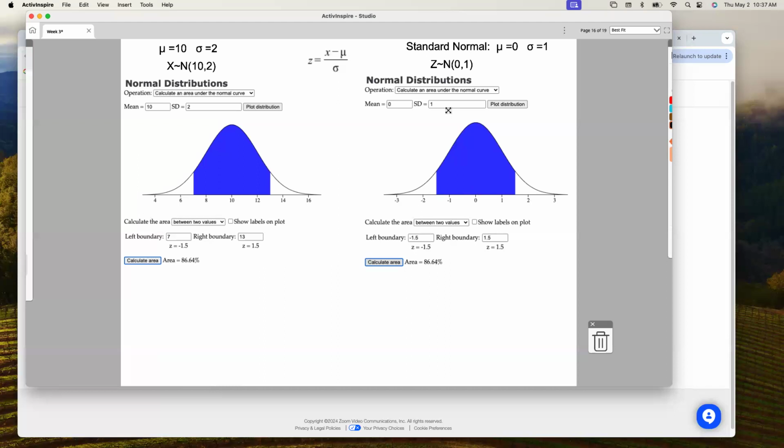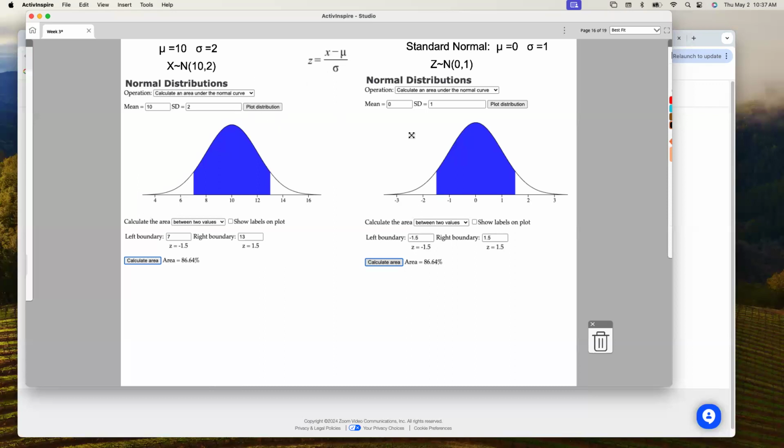So mean is 0 and standard deviation 1. I go from negative 1.5 to 1.5, and notice those values are the same. Now, there's a lot there that I usually take a lot more time to explain, but I'm trying to give you the abbreviated version of why in the world we would be dealing with this z thing. Your examples do address this in your ALEKS problems.